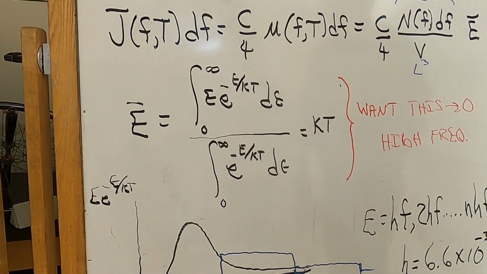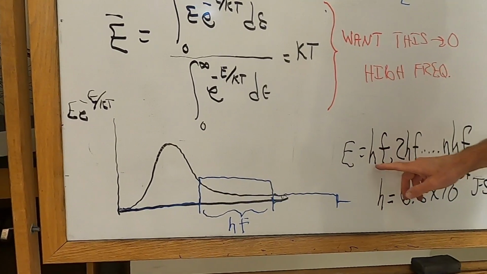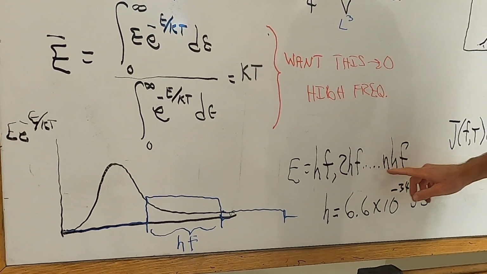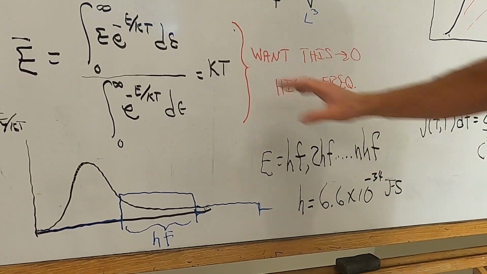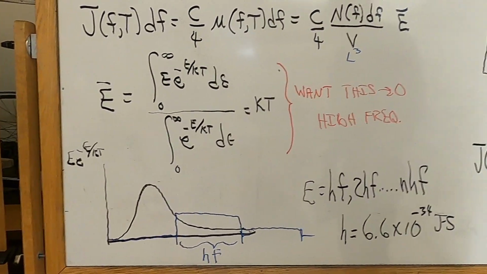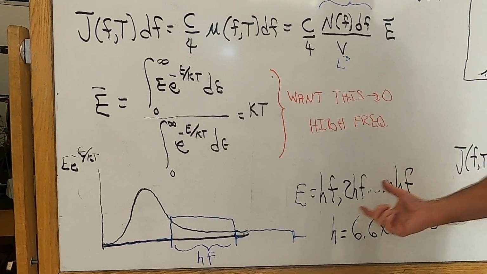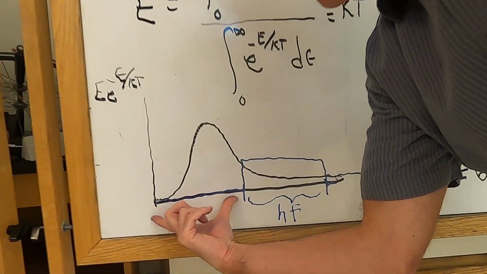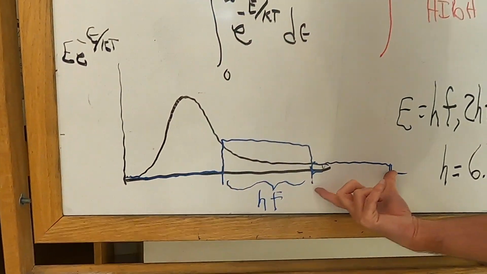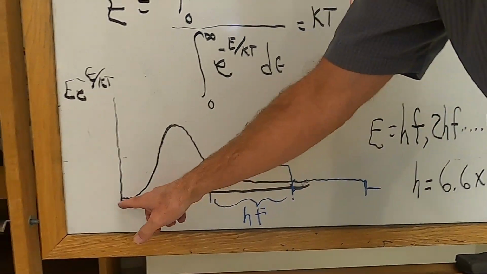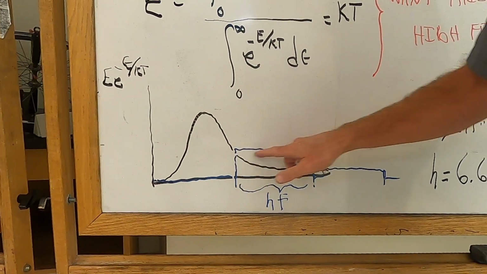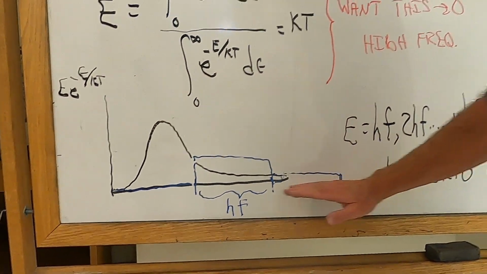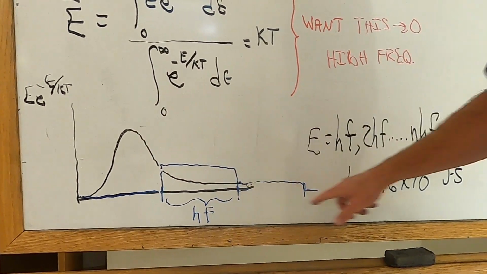He said, why don't we let E equal hf or 2hf, discrete, not a continuous quantity. Up here it's continuous. You can see at high frequencies, if this is the size of your hf, if you tried to calculate the area now, you go over to there, then up to here, and you'll notice that this area is much smaller than my original area.